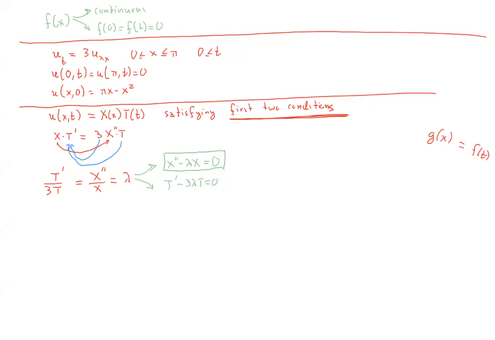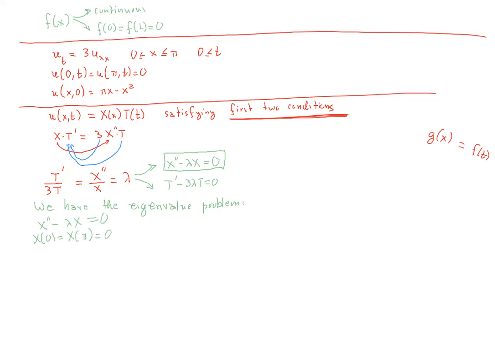So we have the eigenvalue problem: X double prime minus lambda X is equal to 0, X of 0 is equal to X of pi is equal to 0.